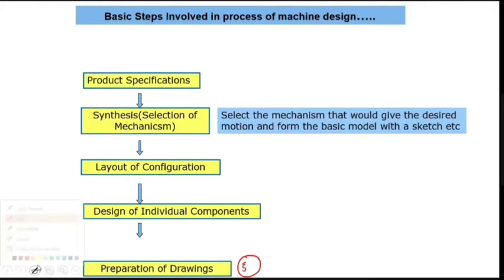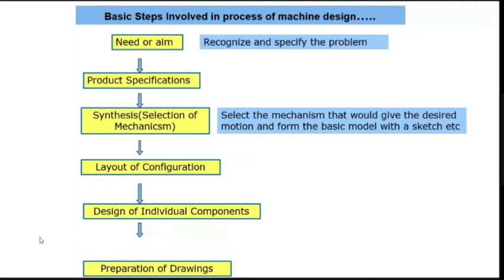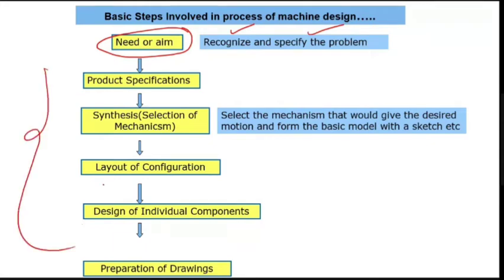We will understand this process one by one, and now I have highlighted at the last, but this is very important: need or aim. Unless you recognize or specify the problem, there is no need to go for all these steps. First of all, you should have some aim, some need.